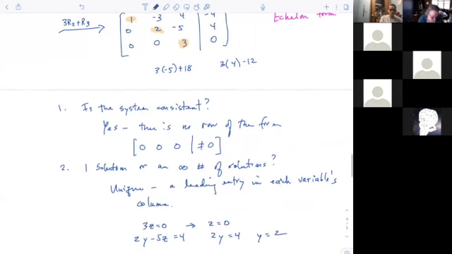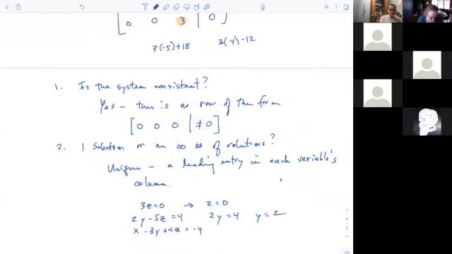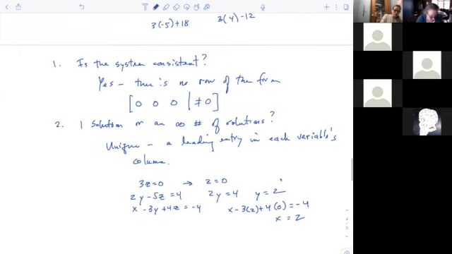We've got x minus 3y plus 4z equals -4. So x minus 3 times 2 plus 4 times 0 equals -4. So what does that say? x equals, we've got -6 plus 6, so 2, I think my algebra is correct. So the solution is x equals 2, y equals 2, z equals 0.